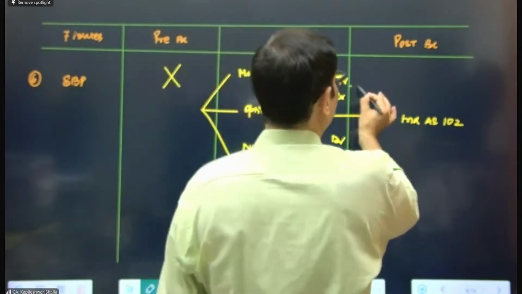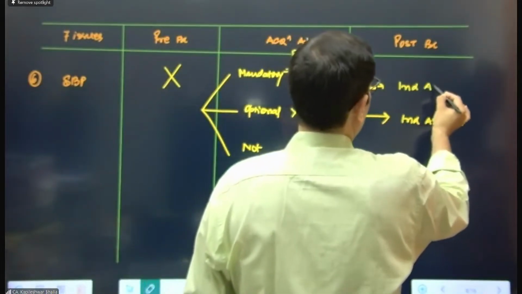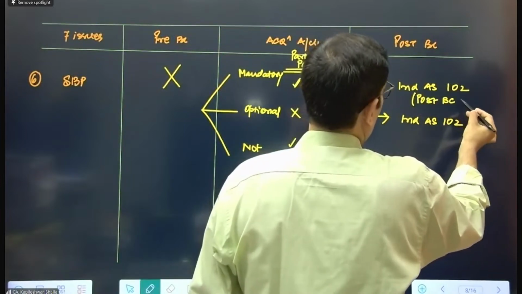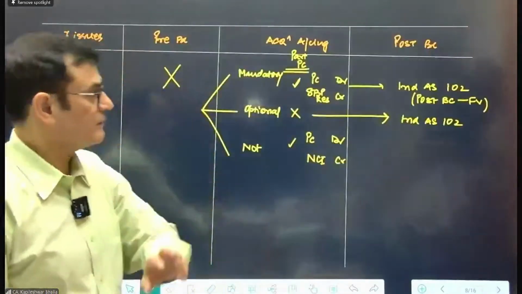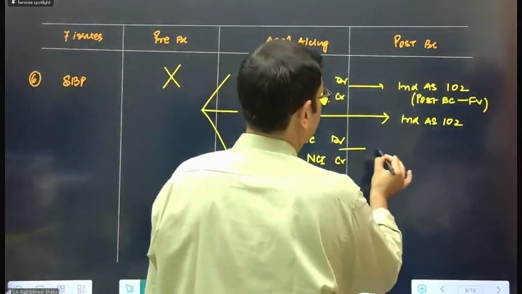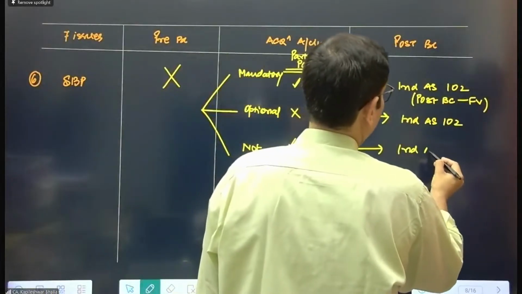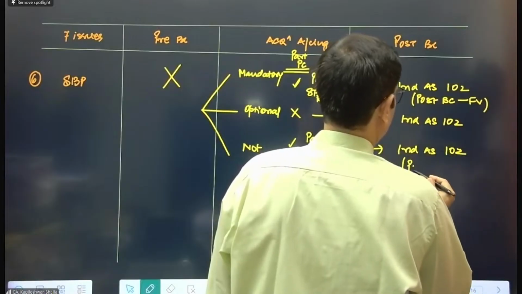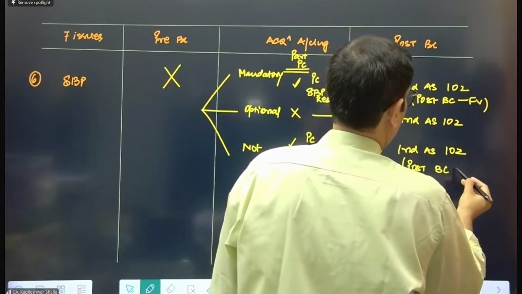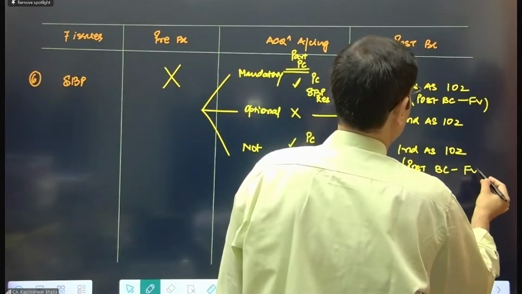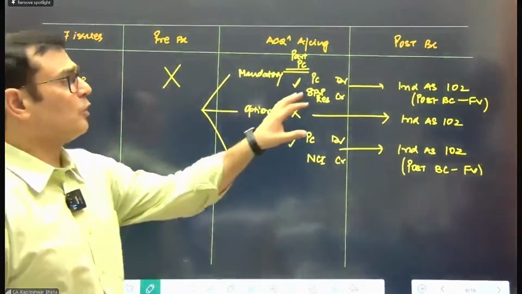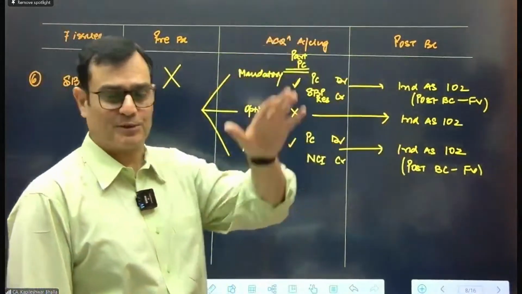So even in this case, Ind AS 102 will apply to the post-business combination fair value. In our example, 80,000. Similarly, I'll apply Ind AS 102 to the post-business combination portion, which will be the remaining fair value. So in all these cases, the post-business combination would also arise.